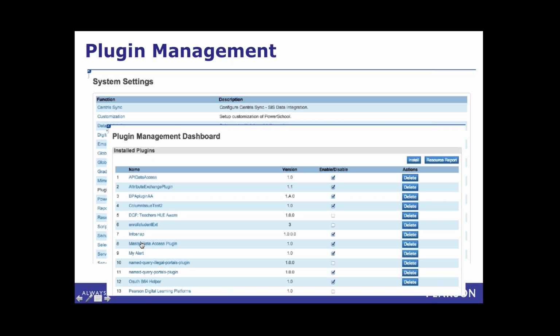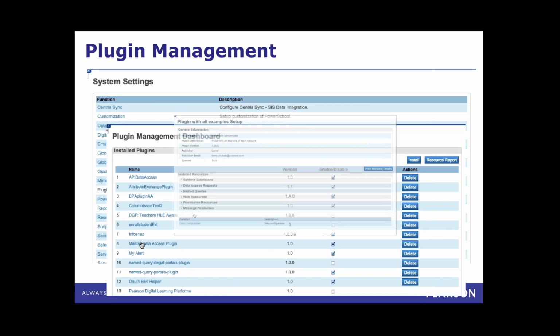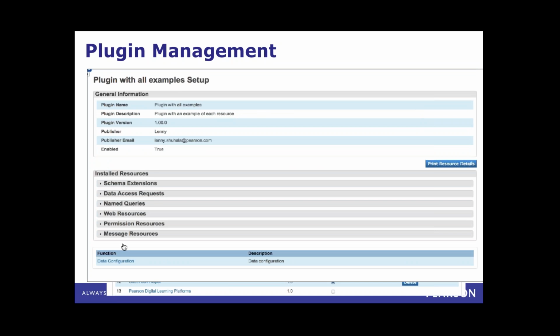There's more detail to this particular page. So you can print it out and put it in your binder as your PowerSchool administrator. As you drill down into a particular one, and let's pretend this is InfoSnap, you'll notice that what we're providing you is the ability to see what schema extensions this particular plugin is looking at, what data access requests, what queries they're using.